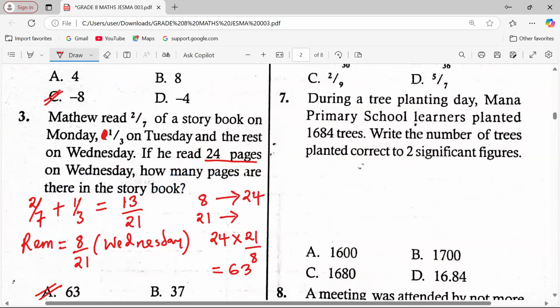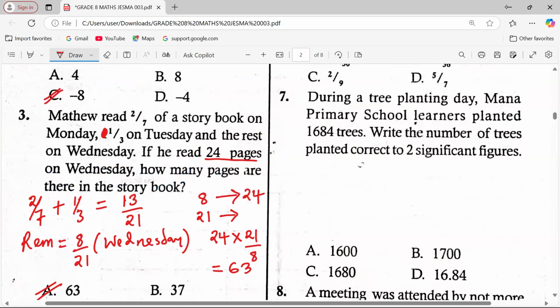Number 7. During a tree planting day, Mana Primary School planted 1,684 trees. Write the number of trees planted correct to 2 significant figures. The figure which appears first on the left is called the first figure, whether significant or not.